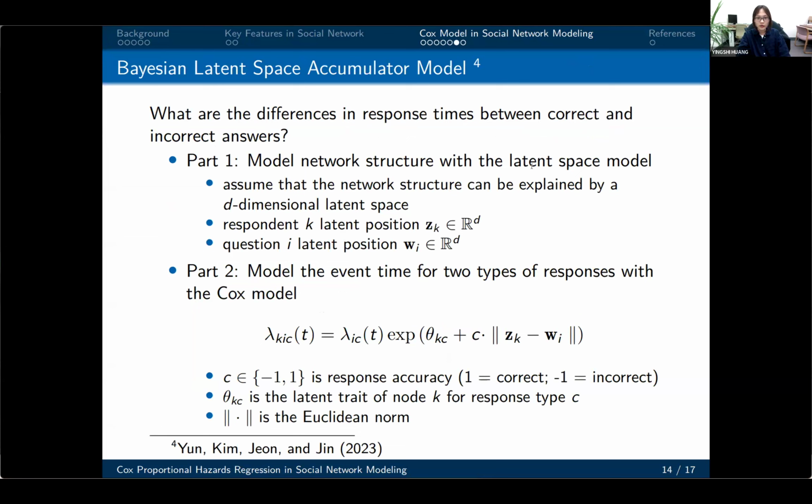And the latent space model assumes that the network connection can be explained by a shared D-dimensional latent space, and we have the person latent positions Z_k in the space and the question latent positions W_j. And then the conditional Hazard function can be expressed with the person latent traits, which can be interpreted as the speed of answering a question, and the distance between person position and question position in the latent space.